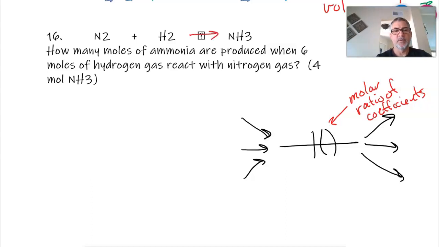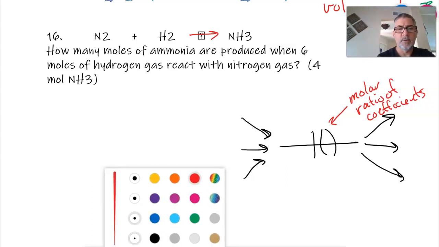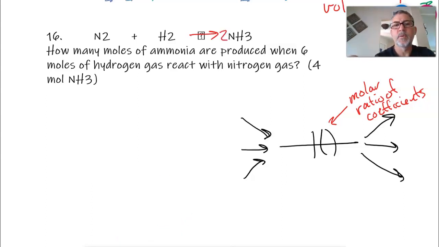It's not balanced, so let's balance it first. I have 2 nitrogens and I have 1, so I'll put a 2 there. I now have 6 hydrogens and I have 2 hydrogens, so I'll put a 3 there. So now we're balanced.